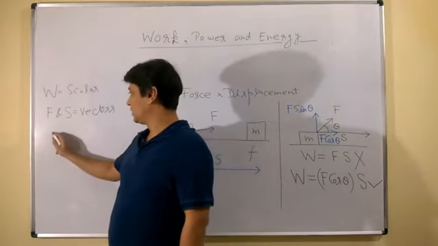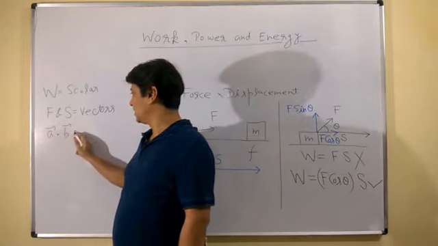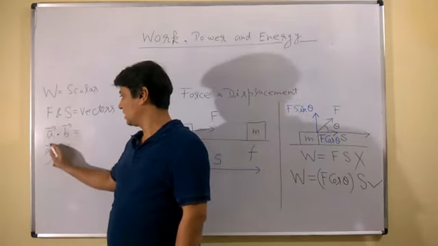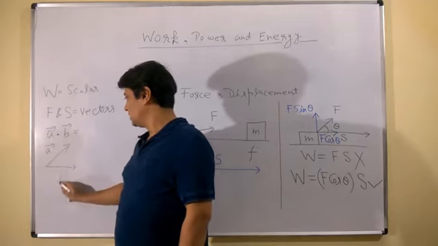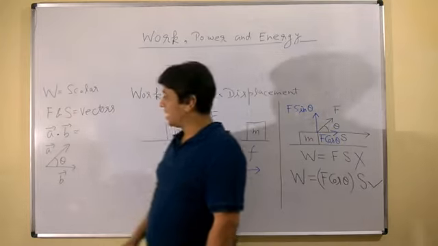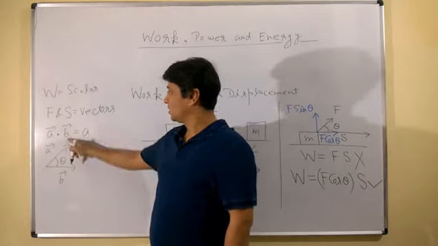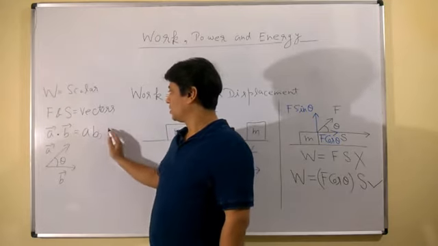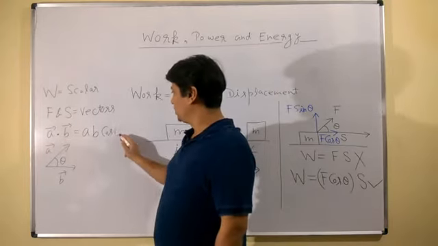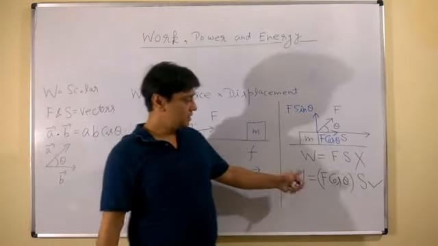And if you have two vectors A and B such that the angle between the vectors is theta, then A dot B is magnitude of A, magnitude of B, cos of the angle between A and B, which is theta. The same thing is happening here.